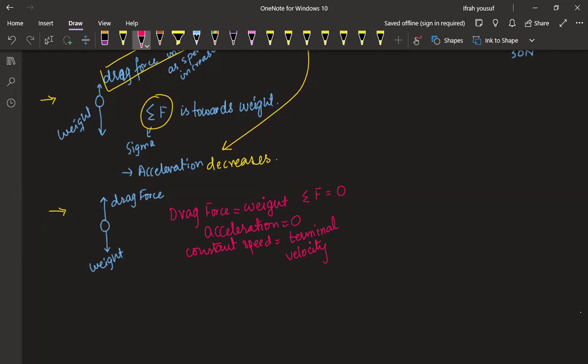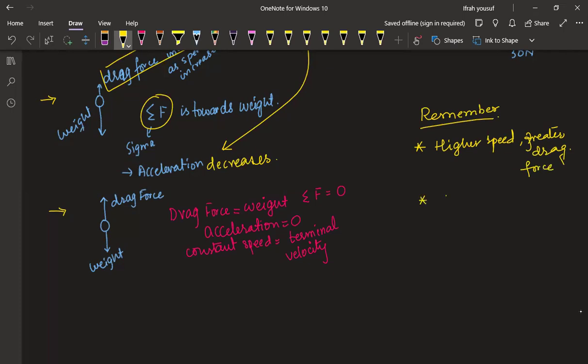Okay, so one thing you need to remember, whenever there is a higher speed, there will be a higher drag force. And if there's a greater surface area, there would be a greater drag. Clear? So two things you need to remember. First, higher speed, greater will be the drag force. Clear?